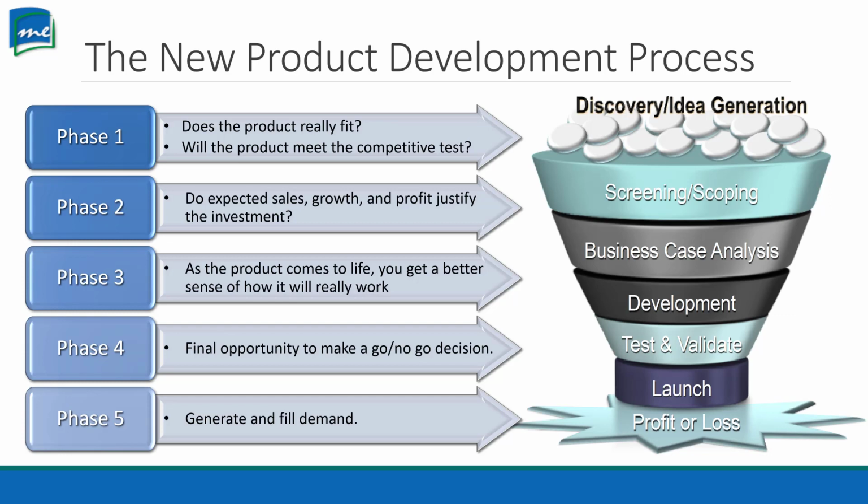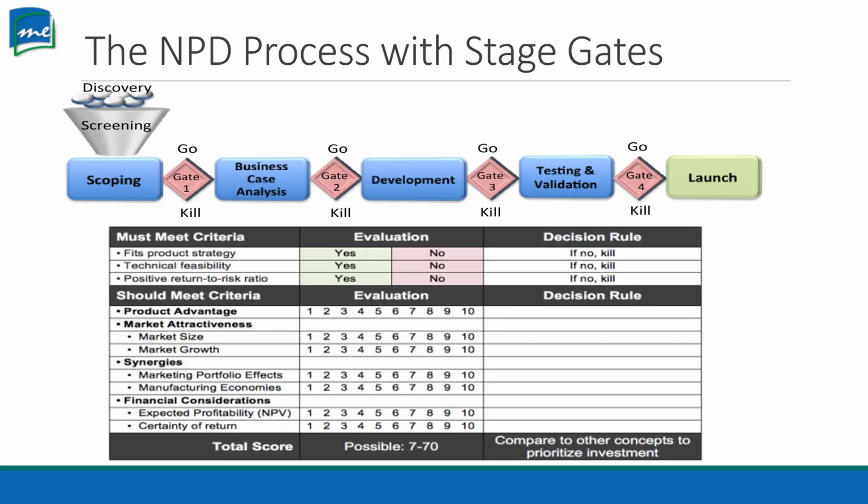All right, so we have some stage gates here. So with our stage gates, these are points that we're going to evaluate whether we continue moving forward or we're going to kill the idea. And every company has different ones, so this is just a general one for you to look at.